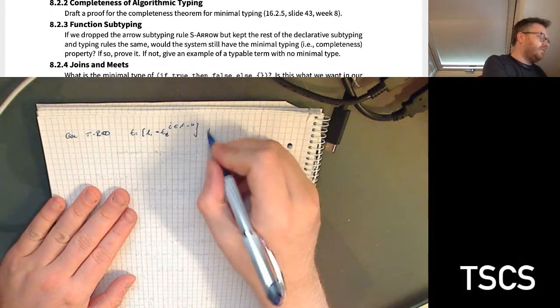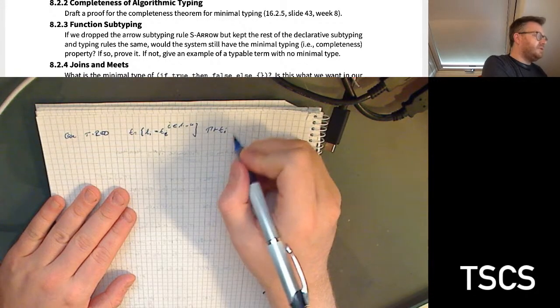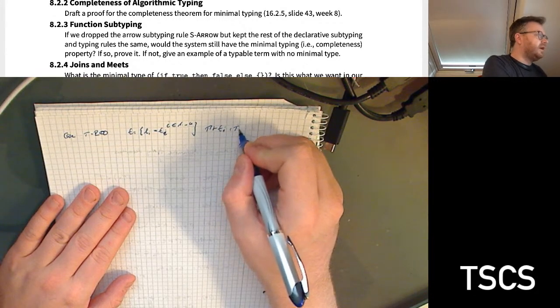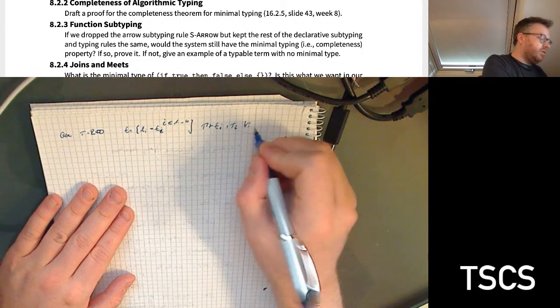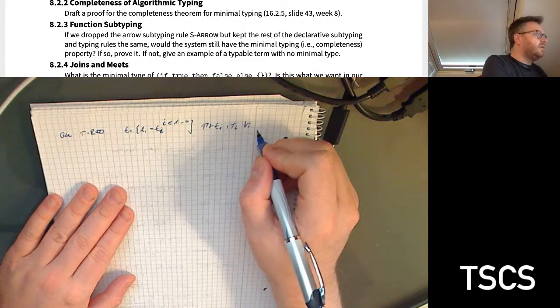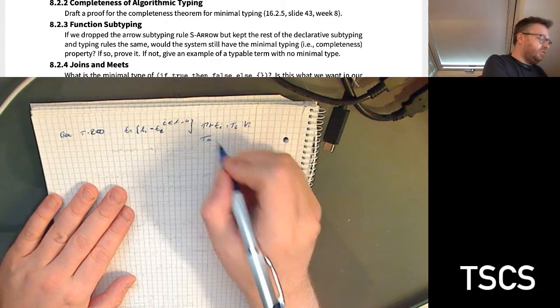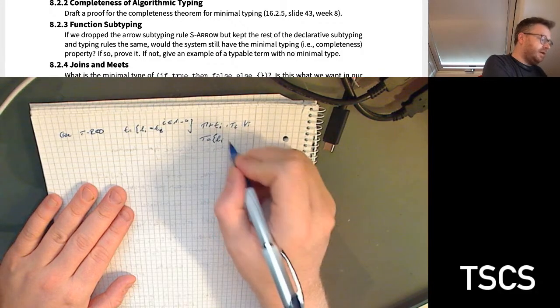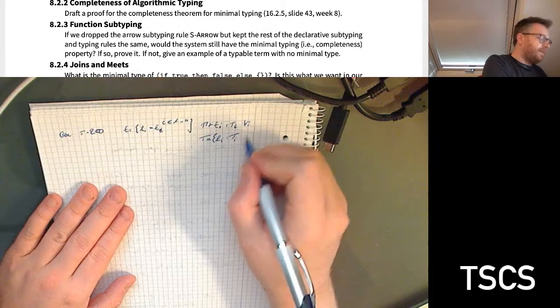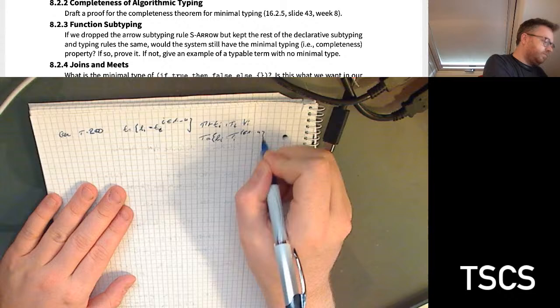And what we also have is that all the subterms t_i are well typed for all i, and then T equals of course a record type, that is l_i as T_i, where i goes from 1 to n. Good.